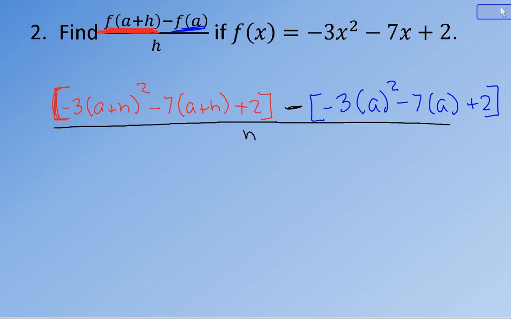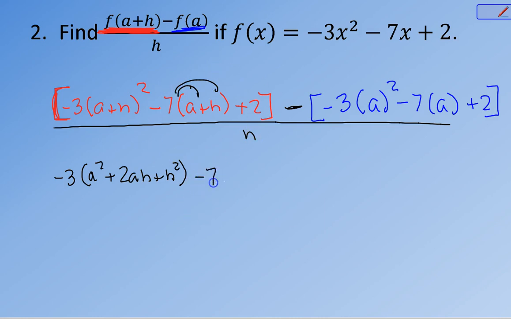Okay, so what should I do? I still have a lot of work to do in here, right? But I do know the answer to a plus h quantity squared, right? So that's -3 times a squared plus 2ah plus h squared. We know that, right? And then I could start working through this. I could distribute here.